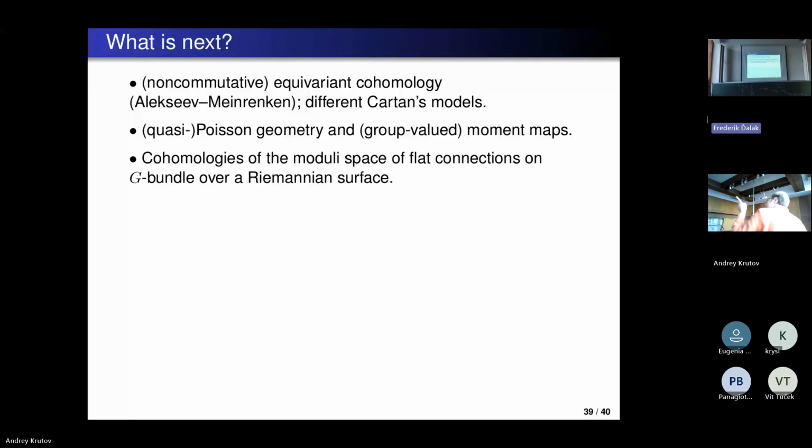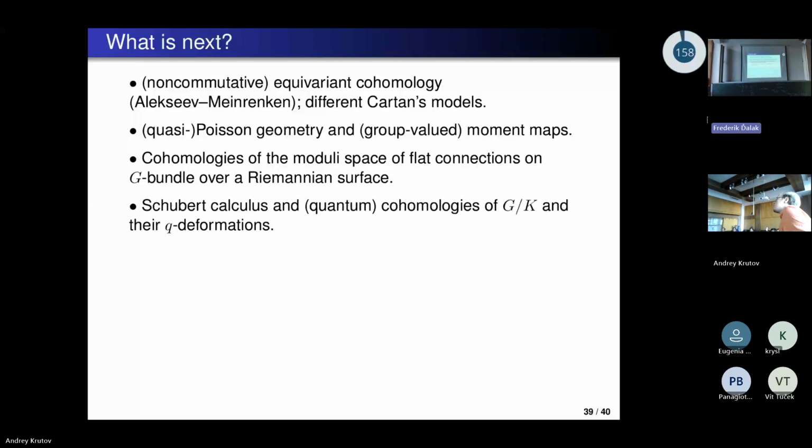It should be some answer to an open question of cohomologies of moduli spaces of flat connections. There are some nice applications towards Schubert calculus and quantum cohomologies of these spaces. It's the content of another paper.